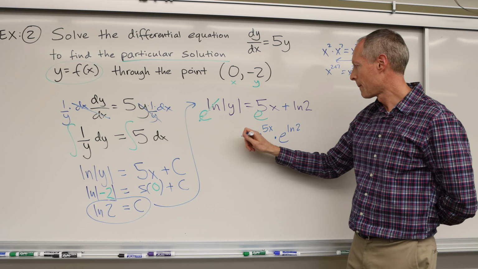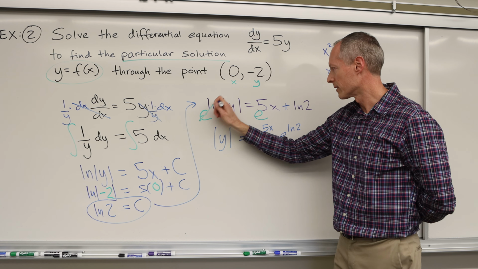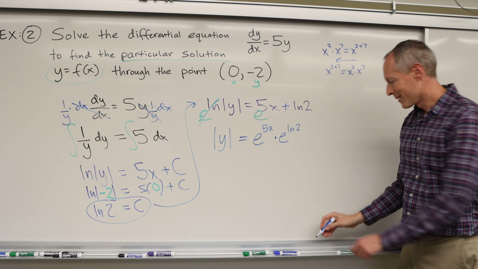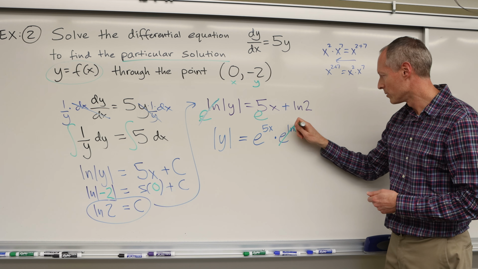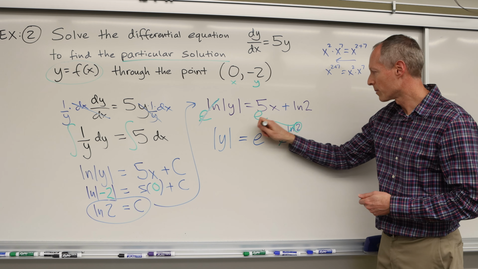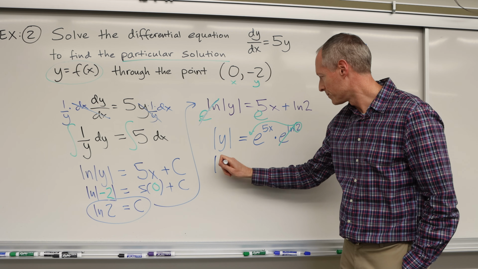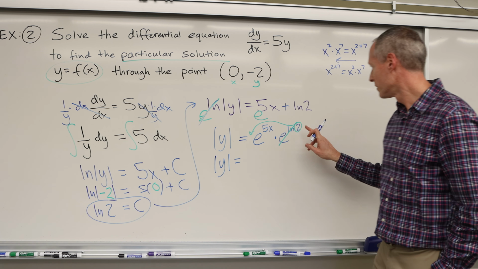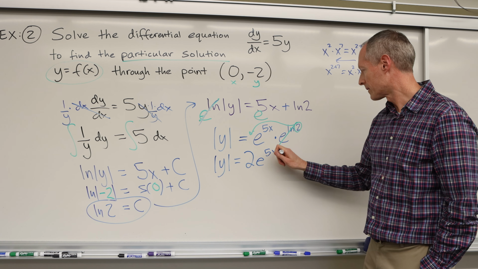Now I have 2 of the e's, and then this part now is just absolute value of y. Those cancel. So over here, now this one, e and ln, get a cancel here. So this 2 will just come down, and we're going to put that in front right there. So we're almost done. Hang in there. So absolute value of y equals, the 2 comes down in front, and I have e to the 5x.